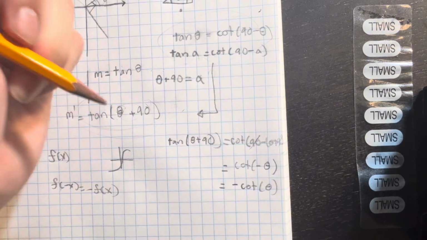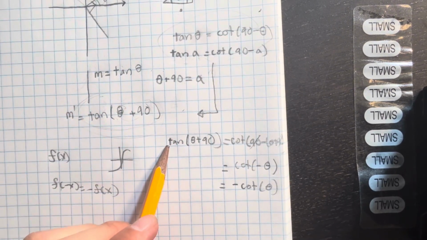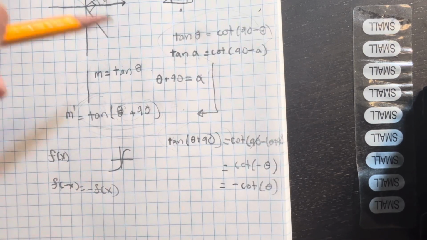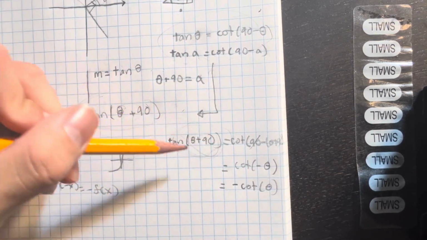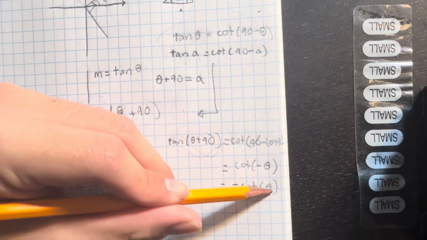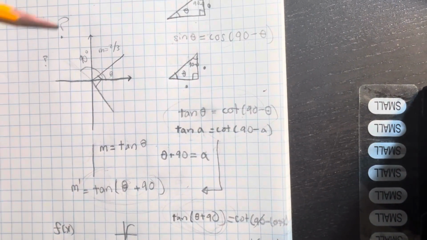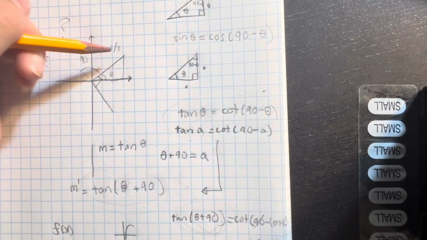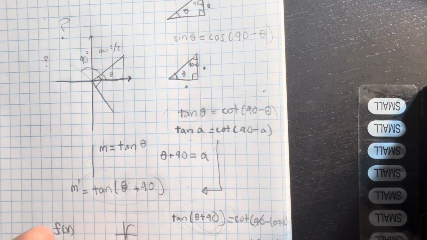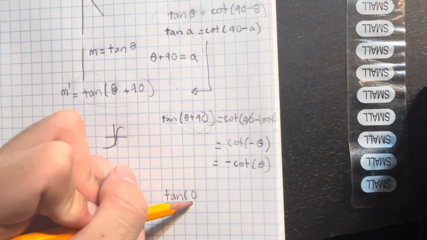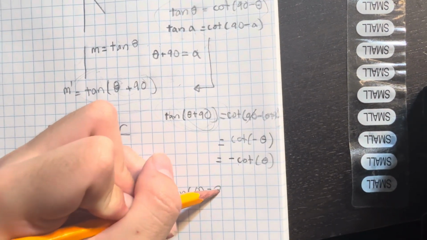Where does that bring us? Now we know that the slope, remember, m equals slope, of the perpendicular line is going to be the negative cotangent of theta. In other words, our original tangent of theta was 2/3.